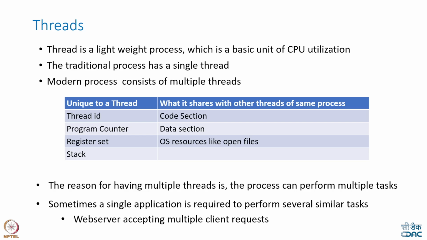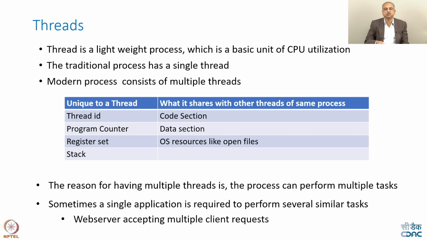Now, we introduce another concept which is called a thread, having understood how multitasking is achieved. So, the definition of a thread is that it is a lightweight process which is a basic unit of CPU utilization. In the traditional form, every process had a single thread, but today modern processes consist of multiple threads. So, there are some things which are unique to a thread and there are some things which it shares with other threads of a process.